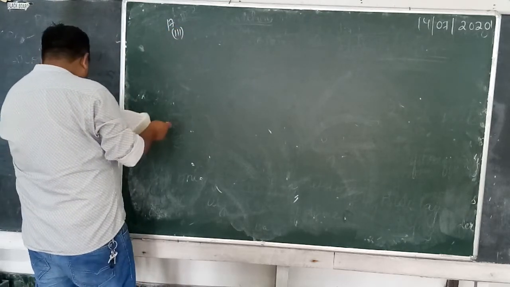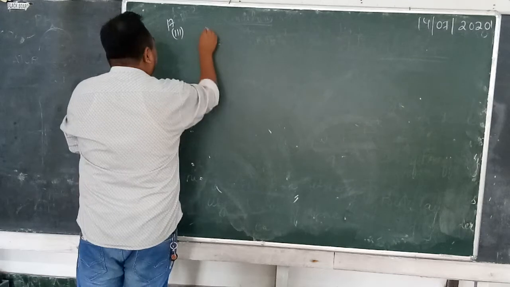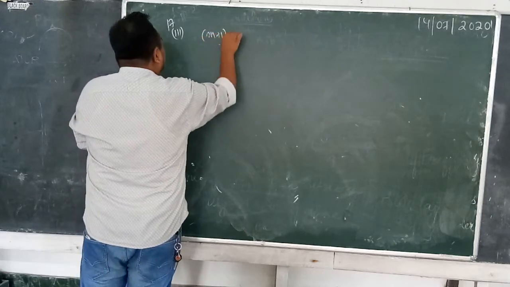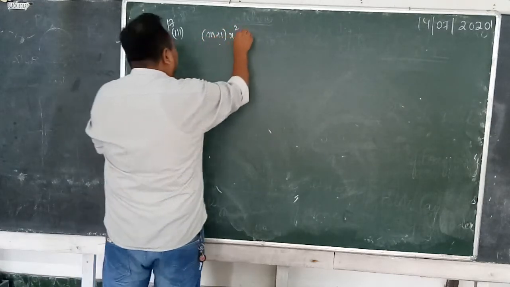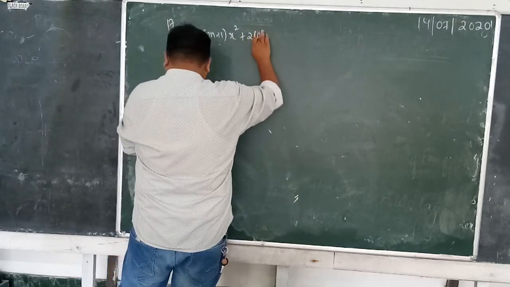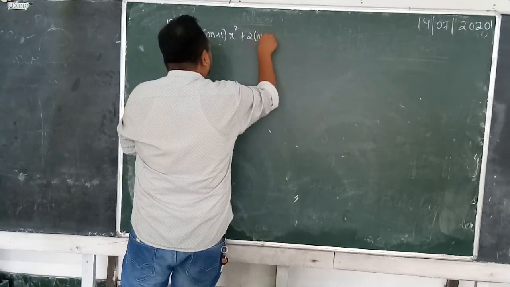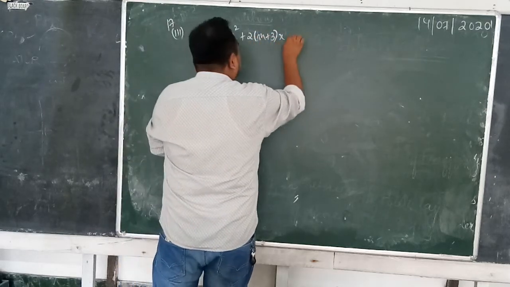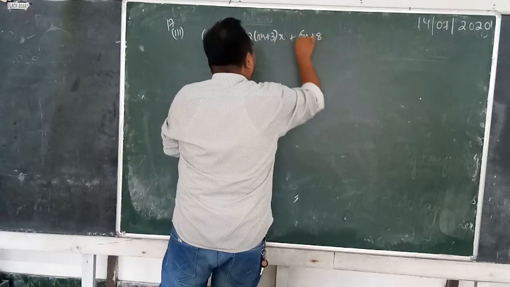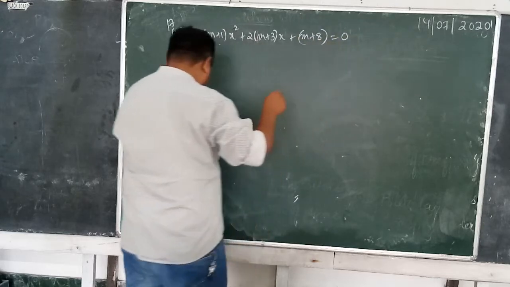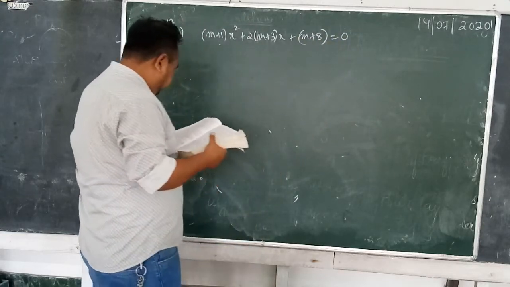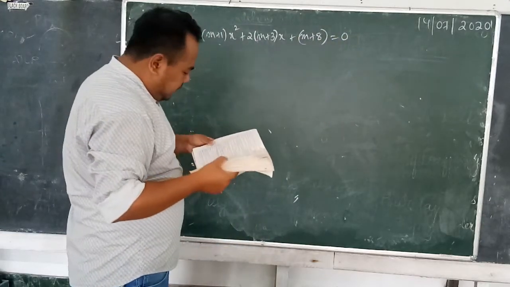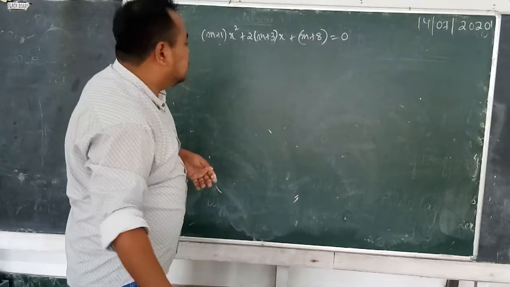The question is: find the value of m for which the equation (m plus 1) x square plus 2 (m plus 3) x plus (m plus 8) equal to 0 will have equal roots or reciprocal roots.